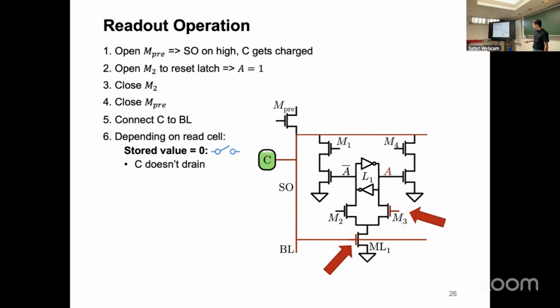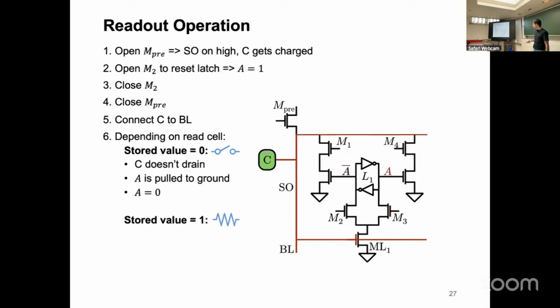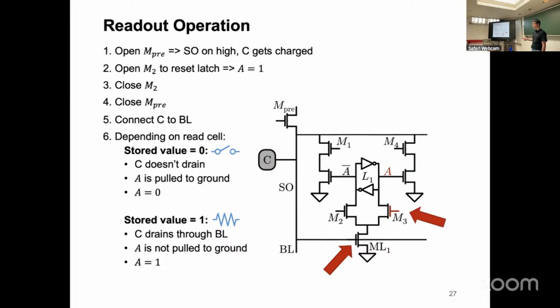If we then activate M3, we will ground A, so it's pulled to ground, and we have the value 0 inside of the latch. Then if we read a 1, the cell behaves like a resistor, and C drains through the bit line. So ML is not activated, and if we open M3, nothing happens, and we still have a 1 inside of the latch.